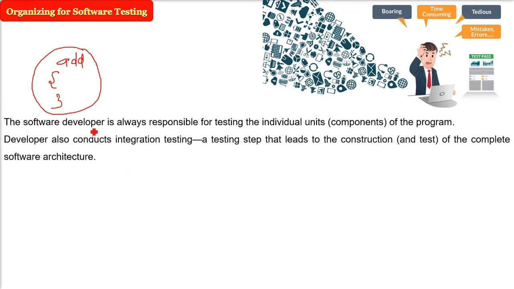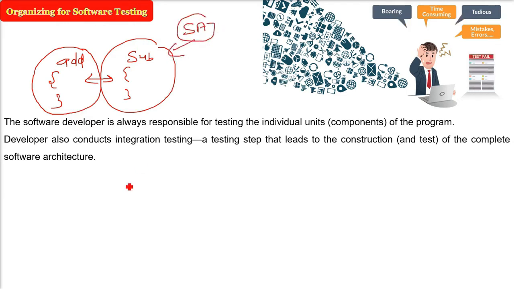Now the developer also does most of the time the integration testing. That is a testing step that leads to the construction and test of the complete software architecture. Because when we go to the architecture, then a different team may come. So the unit testing and the integration testing are done by developers most of the time. Integration testing is where components are combined and then tested.